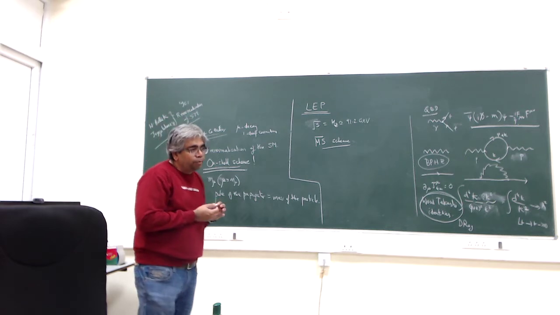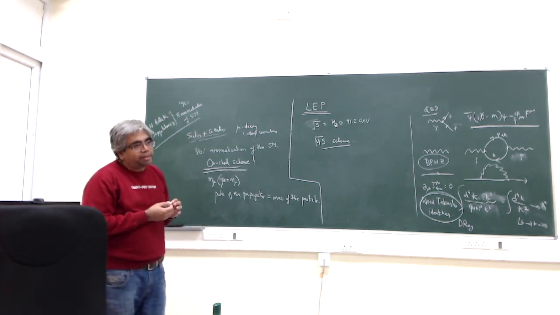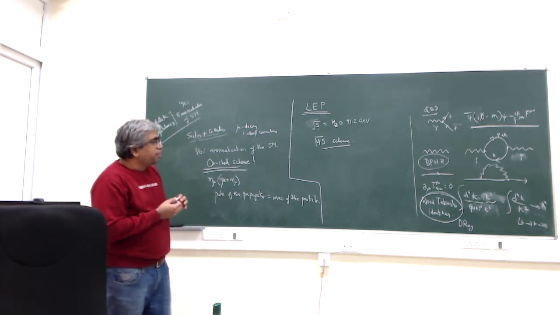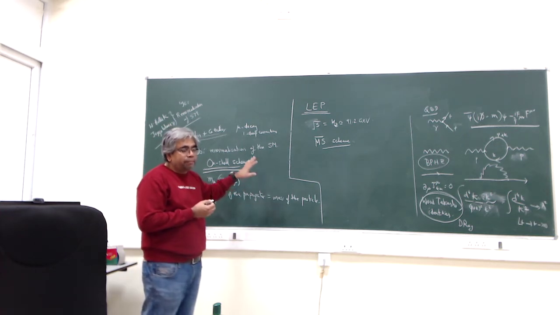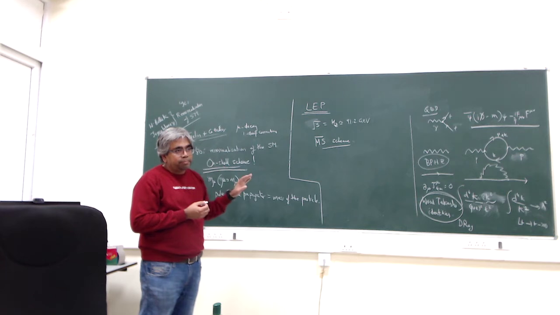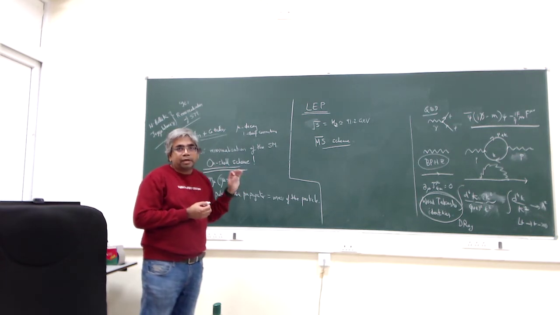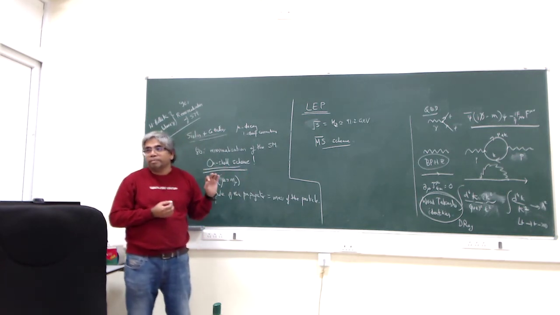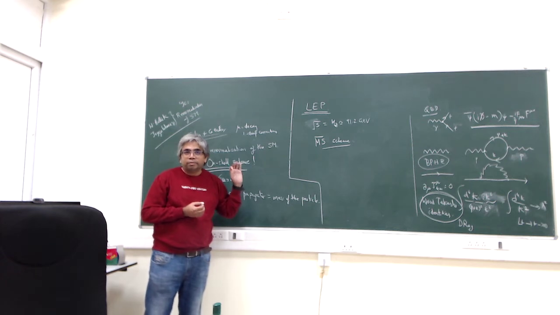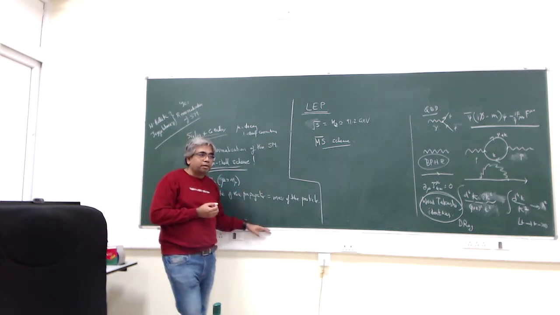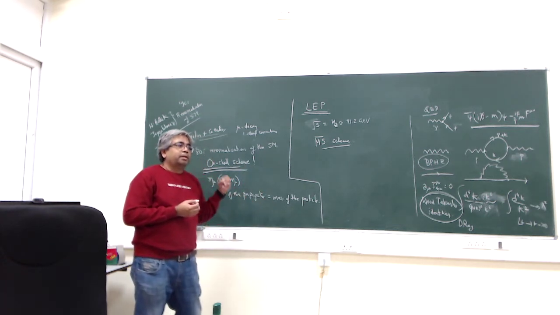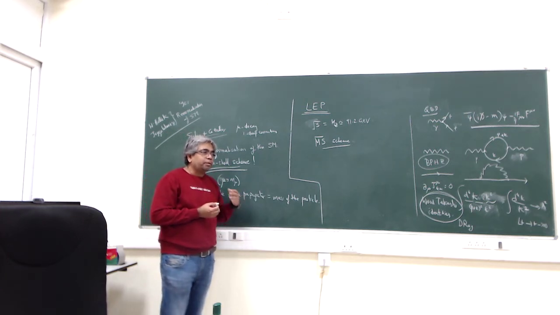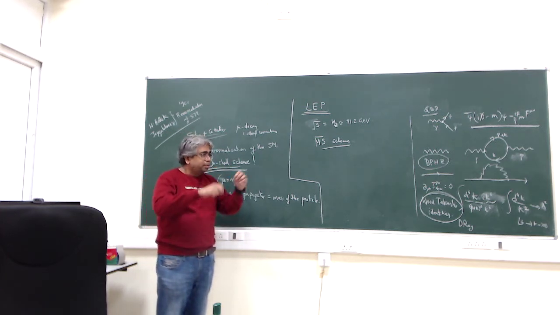If you want to complete two loop, then it becomes complicated. Even now the full two-loop renormalization of the standard model is not done. The standard model is only renormalized at one loop, even though 't Hooft and company have shown that it is renormalizable at all orders. Two-loop renormalization is complicated because different mass scales are there.